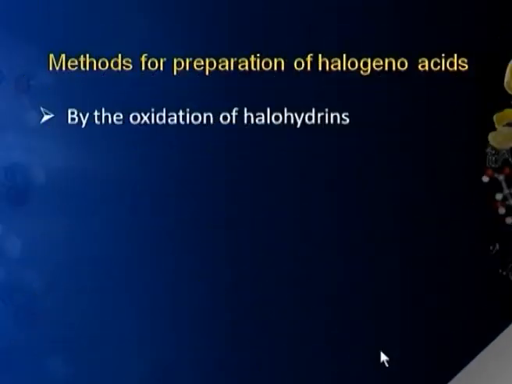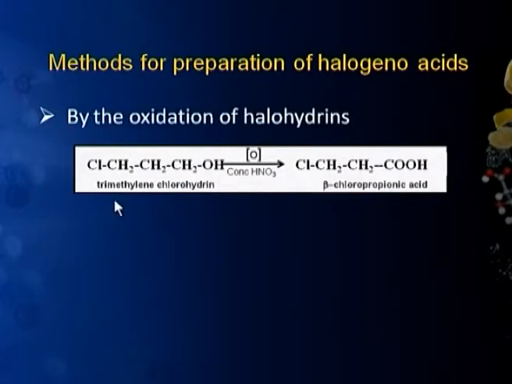We can use oxidation of halohydrins also. Halohydrin means molecules which have a hydroxyl group as well as a halogen atom in them, and if this hydroxyl group is attached to some primary carbon, then it can be oxidized to carboxylic acid. So, for example, this type of halohydrin like trimethylene chlorohydrin, this is basically 3-chloropropan-1-ol.